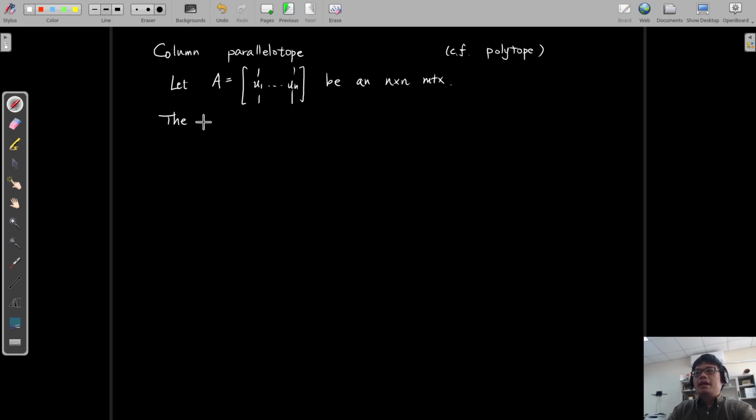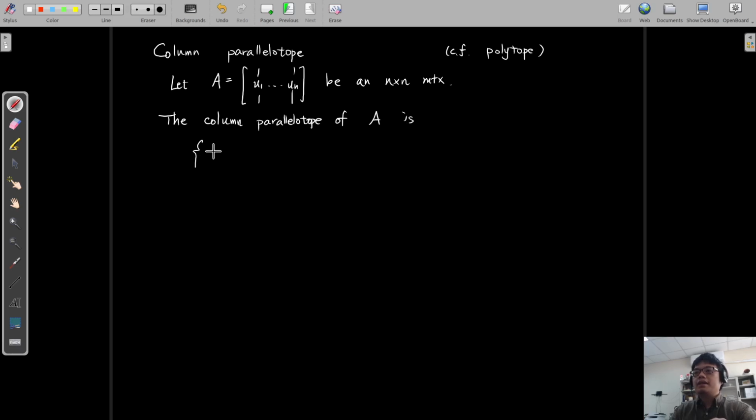And this object, parallelotope, is the following definition. It is a set.